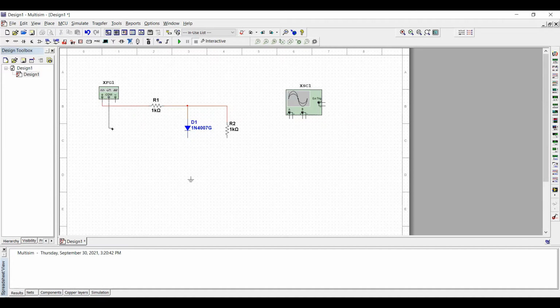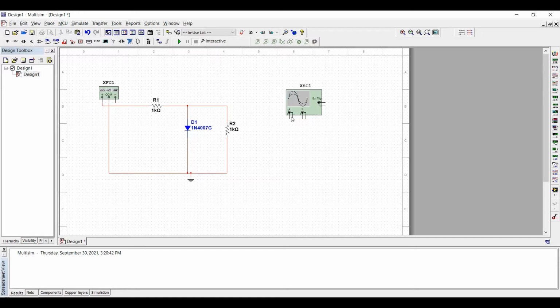Connect the common terminal to the ground. So you have connected the input over here. The diode goes to ground. Resistance also goes to ground. This is your positive clipper circuit. You are giving input from the function generator to this.